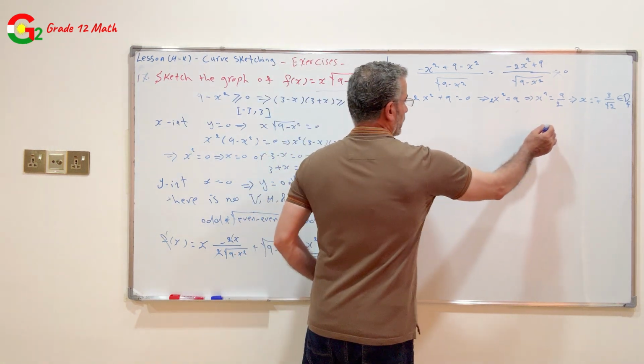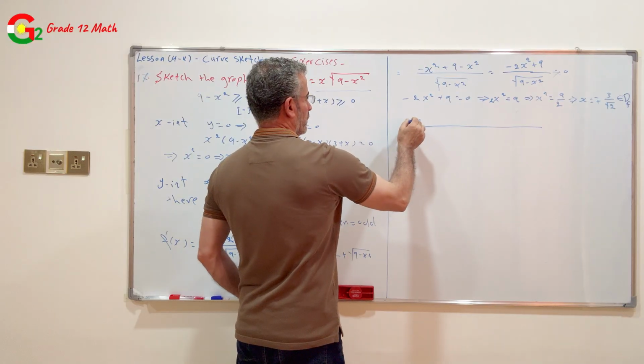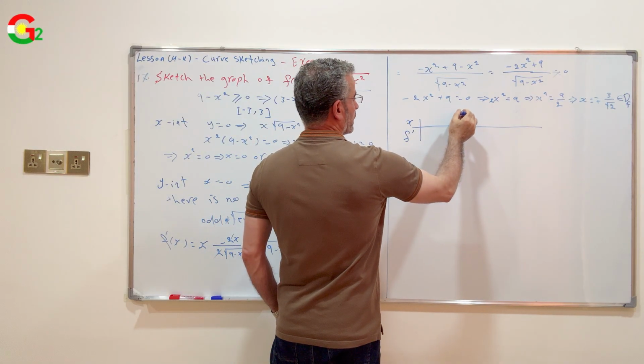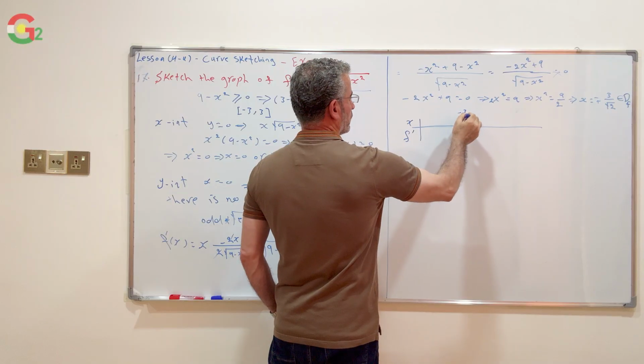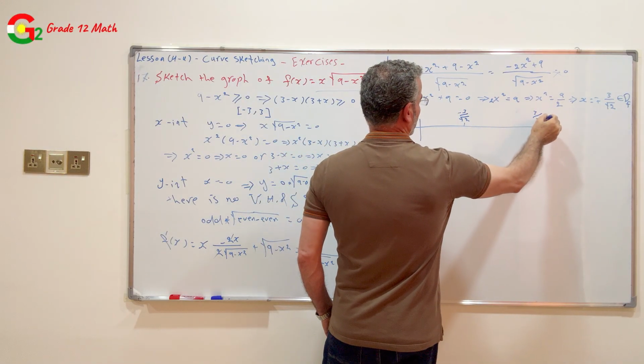To find the intervals of increasing and decreasing, find the sign of the first derivative before and after these critical points, negative 3 over the square root of 2 and 3 over the square root of 2.